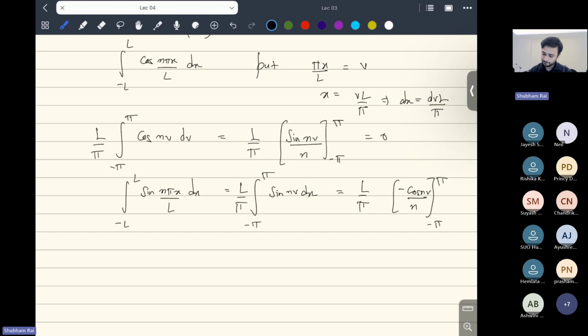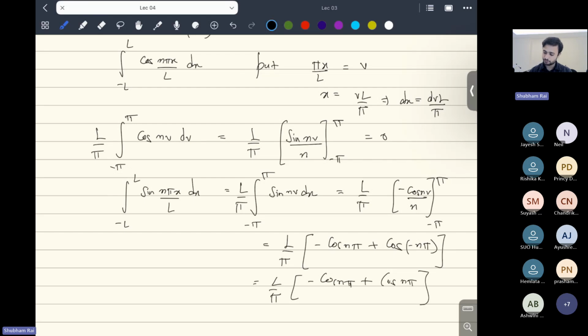So if you do that, L over pi and minus of cosine n pi, and then minus minus plus will be cosine of minus n pi, right? Cosine of minus x is cosine of x only, so you will get here L by pi times minus cosine n pi plus cosine n pi, right?